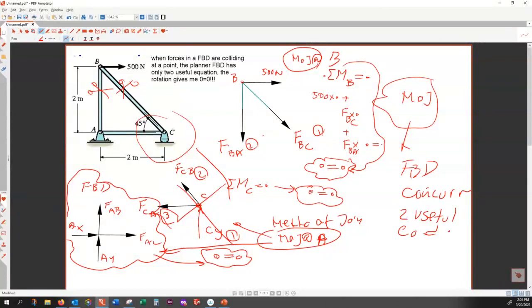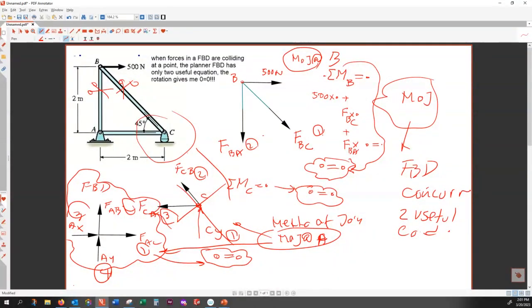So what should I do? A few things I can do. I can't use method of joint at A because it has 1, 2, 3, 4 unknowns here, and method of joint can only handle two unknowns at a time. All right?